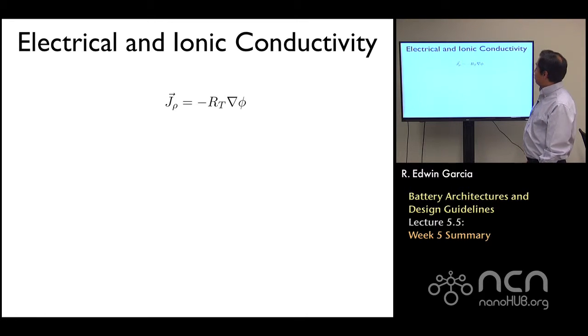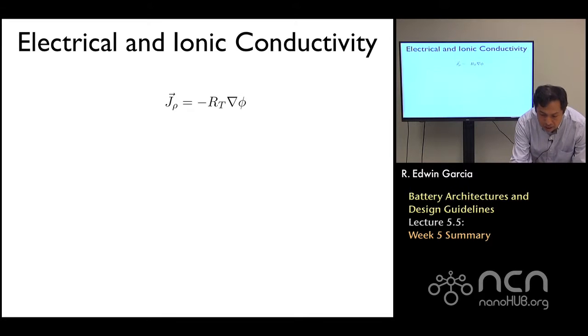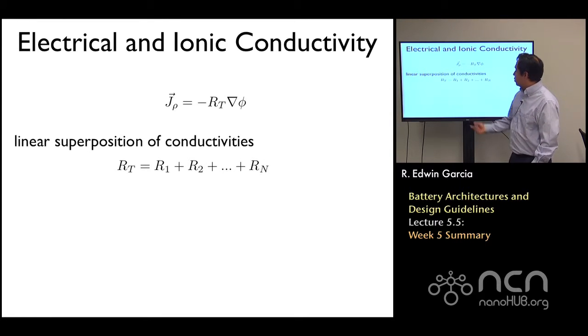We were talking about the concept of electrical and ionic conductivity in the case of only charge flowing through the system. When you have a voltage drop, you will have a charge, and that's related to the conductivity of the system. And that conductivity is a result of the linear superposition of all the possible mechanisms that are occurring in the system.